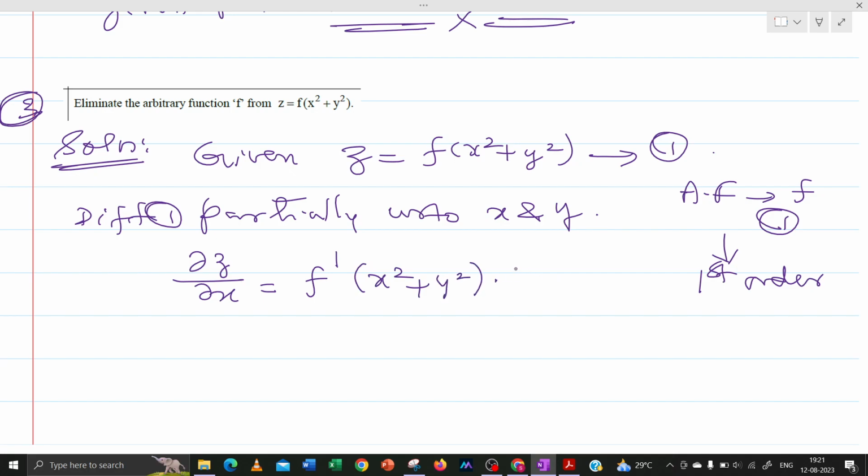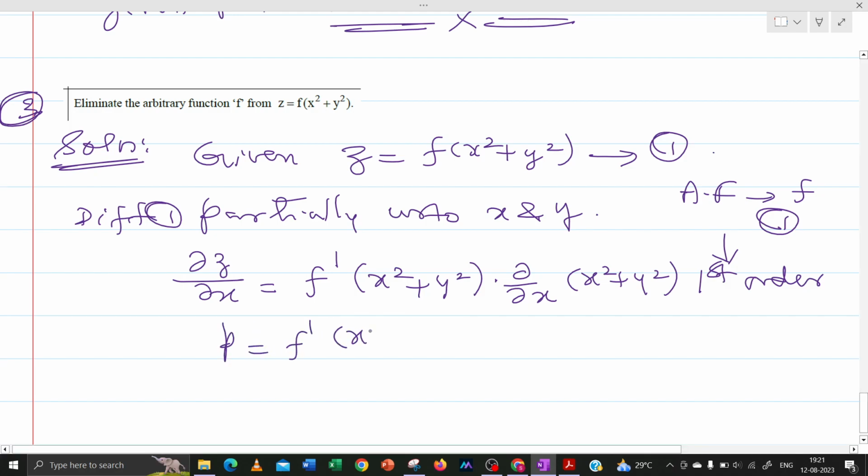Then you have to differentiate x square plus y square with respect to x. So first we differentiate f, then we differentiate what is inside. So p equals f dash of x square plus y square, and dou by dou x of x square plus y square is 2x. This is equation number 2.